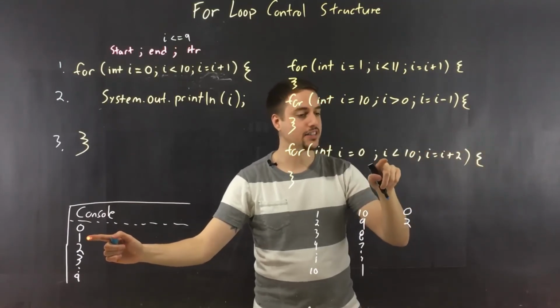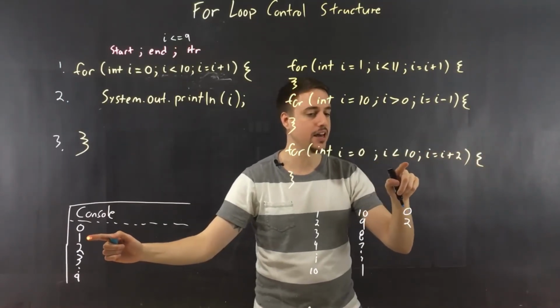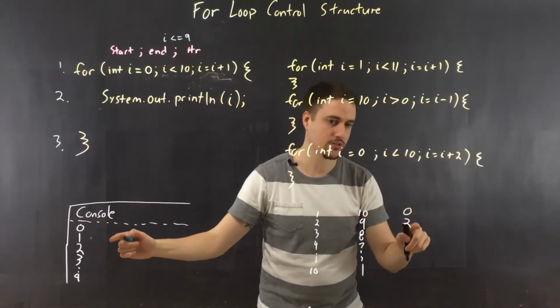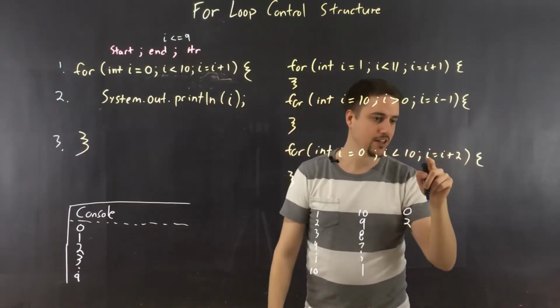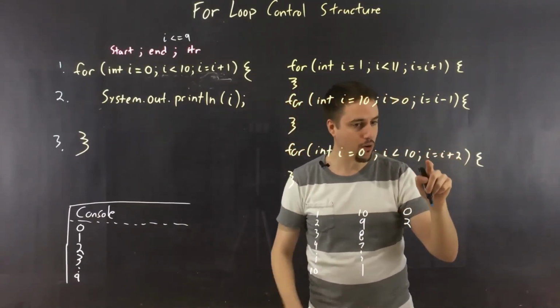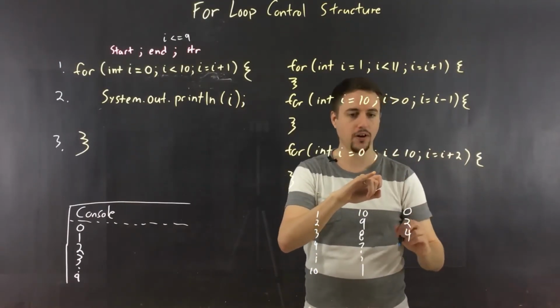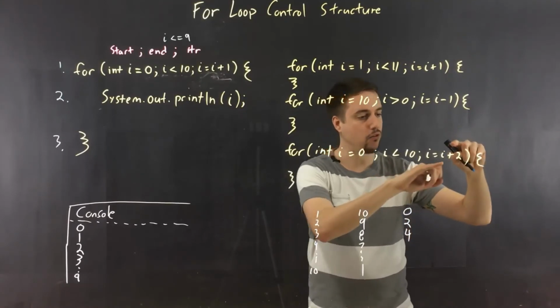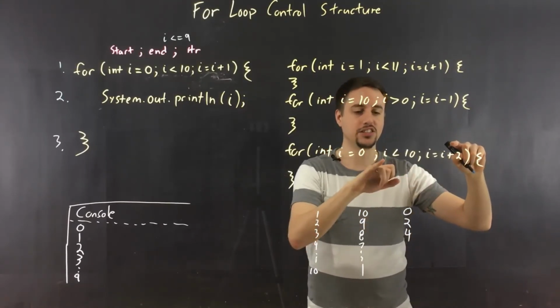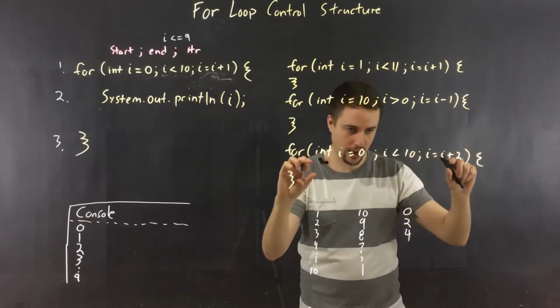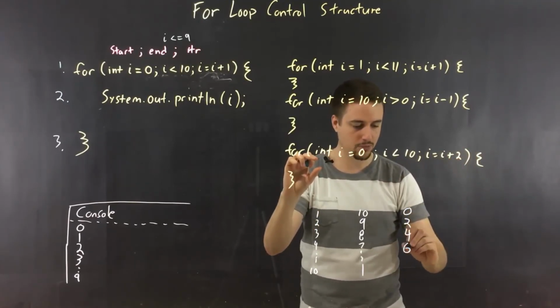Then you say is I less than 10? Is 2 less than 10? Yes. So it'll print out the 2. And then it's going to go back to the increment. 2 plus 2 is 4. Is 4 less than 10? Yes. And then it's going to output 4. And then it's going to come back up and say 4 plus 2 is 6. Is 6 less than 10? Yes. So it's going to execute our system out print line, which will output 6.